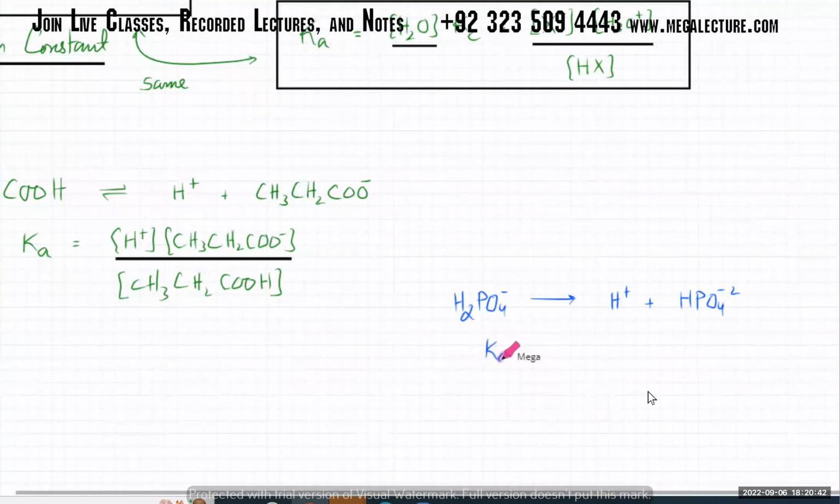K will be the H+1 concentration times the HPO4-2 concentration, and the whole thing gets divided by the H2PO4-1 concentration.